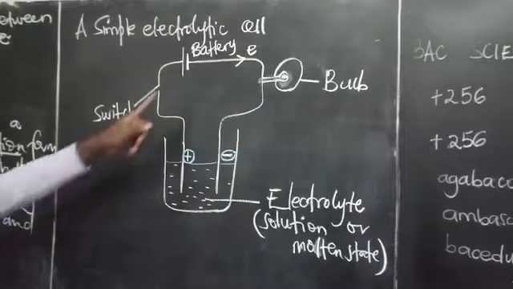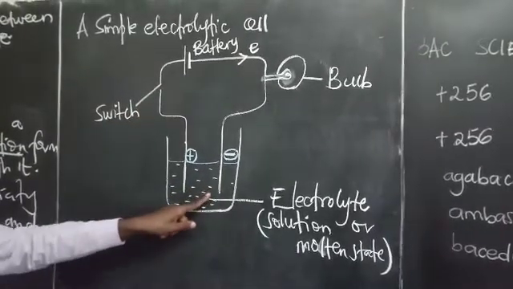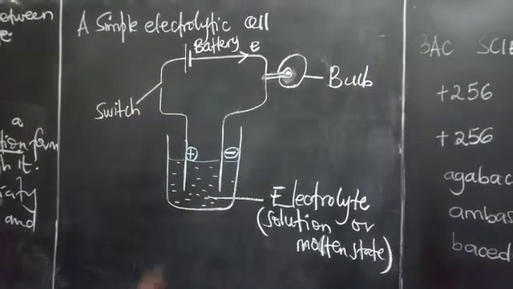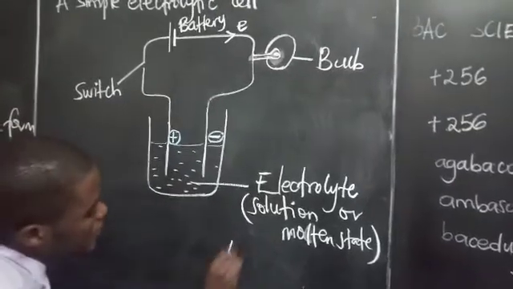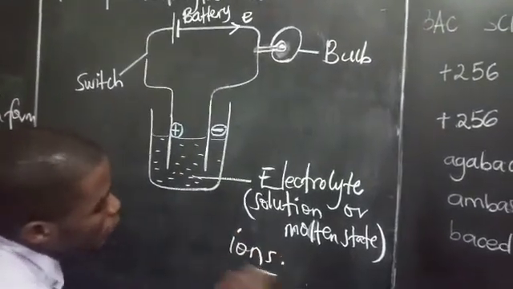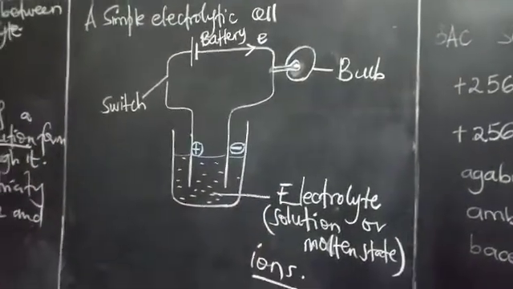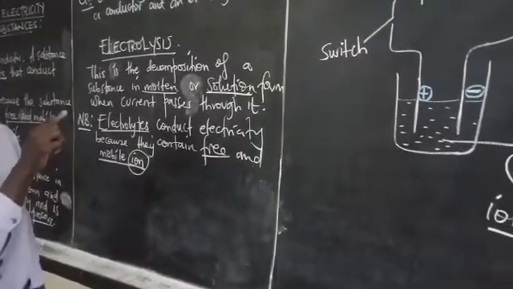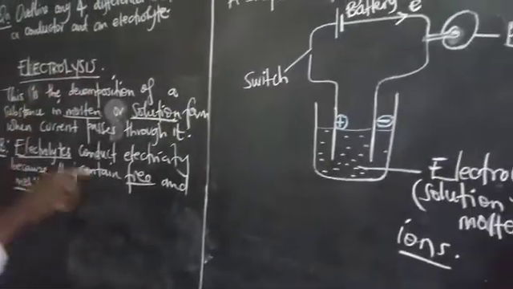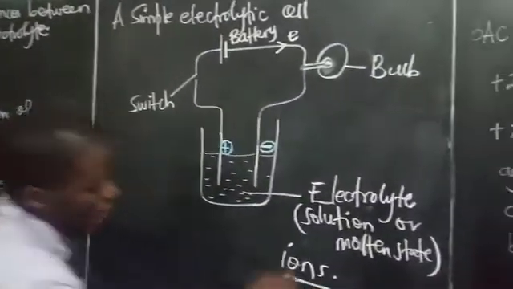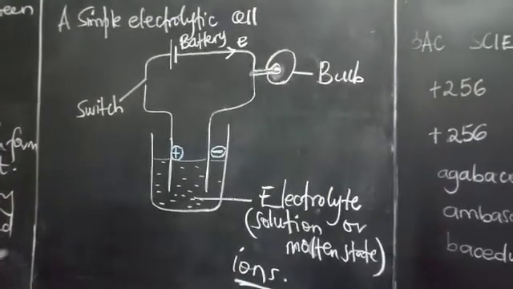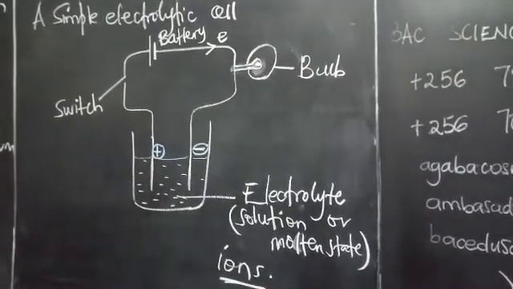After the electrons have entered here, they will be interacting with the ions. Remember, we have said that electrolytes conduct electricity because they contain free and mobile ions. So the electrons from the battery will interact with the ions, and in interacting will change their nature.